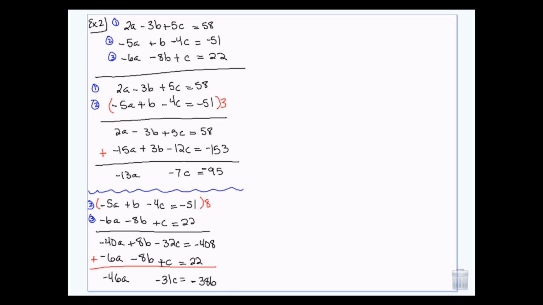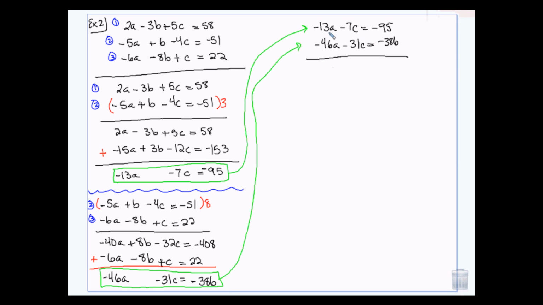Now we have to make a decision. Do we want to get rid of a or c? They're both ugly. You want to get rid of these two? 2a minus 15a gave me the negative 13a. Yeah, you use the two equations that you come up with to get your next set, to get rid of the next variable.